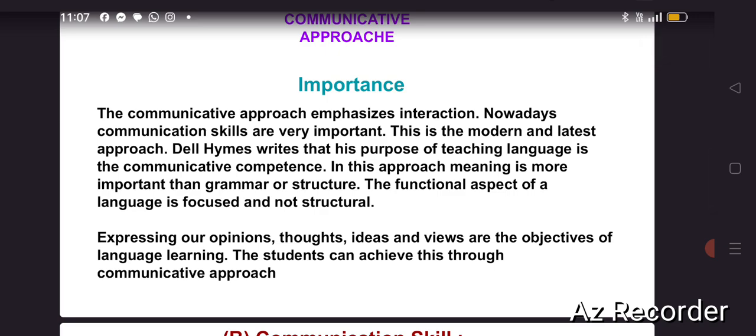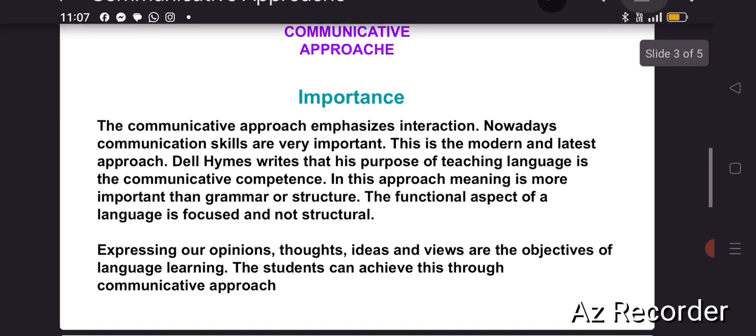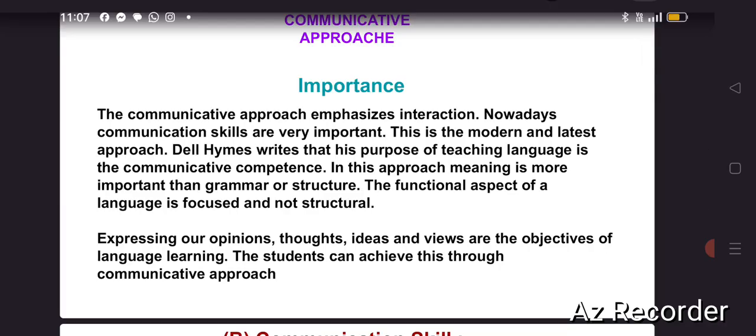In communication, two or more people are most important. Communication means there is an interaction. So interaction is most important in communication. Suppose there is no interaction, then the communication becomes just speaking.